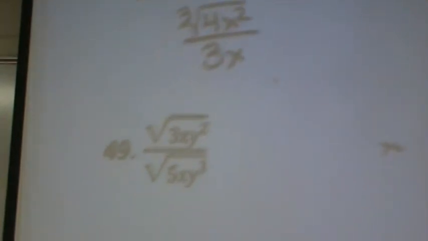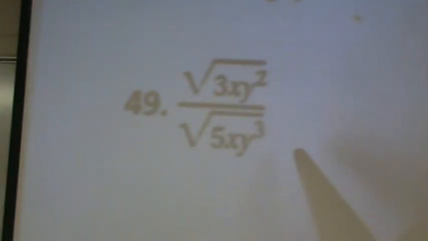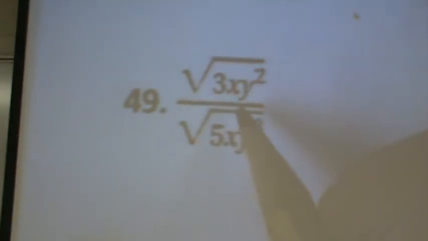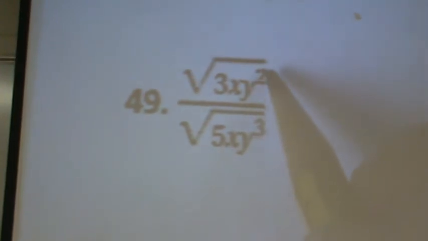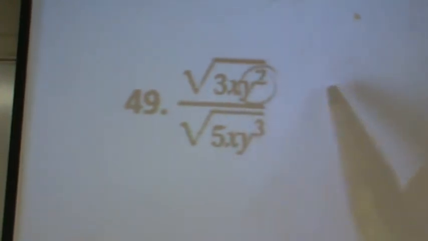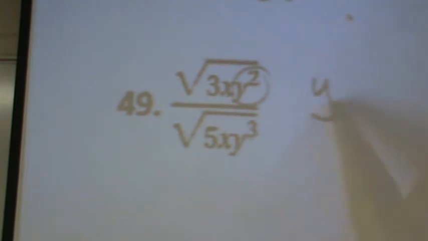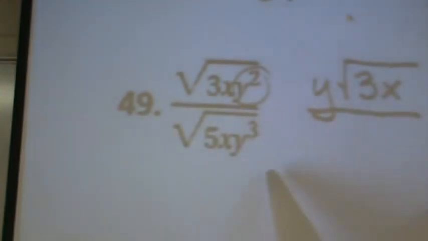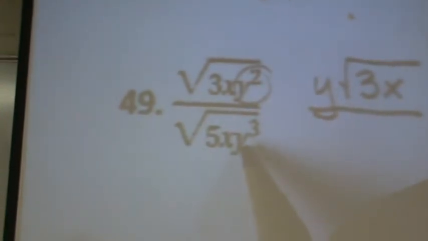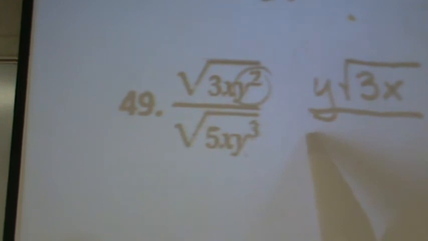Next one, 49. These are square roots. Let's see what comes out. This y squared, you can take a y out. So you have root 3x. You've got a y squared here. You can take this y out.